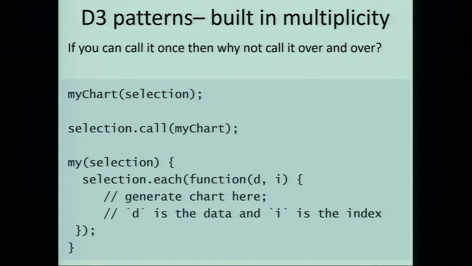Now, here's a different type of looping. In this case, I'm going to take a selection. So I've used select, and I've pulled back a bunch of data, and I'm going to call this chart and create something. Now I'm going to take the data, and I'm going to loop through it.